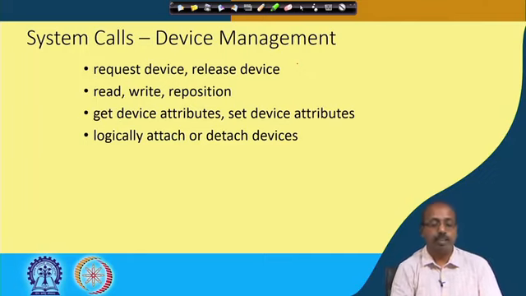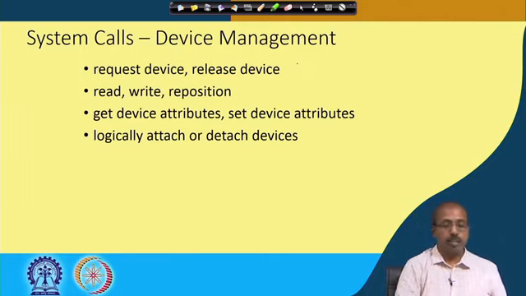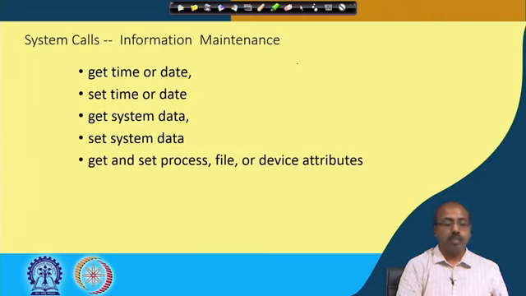Then get device attributes, set device attributes, logically attach or detach devices. The device is there, but we want to get it attached to the system or to the program. That is the attachment. Or we do not want that device anymore in my program, so we want to detach the device. These are the services provided under the device management category.